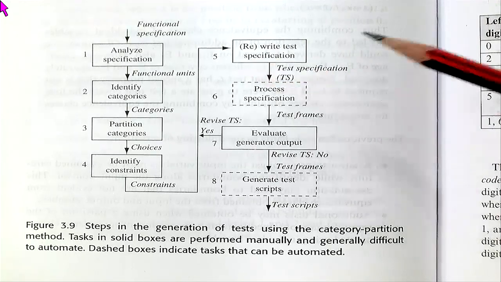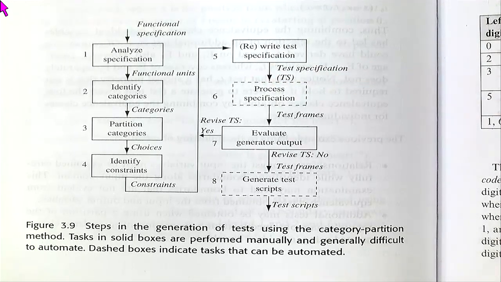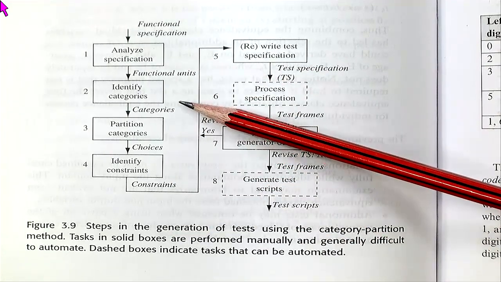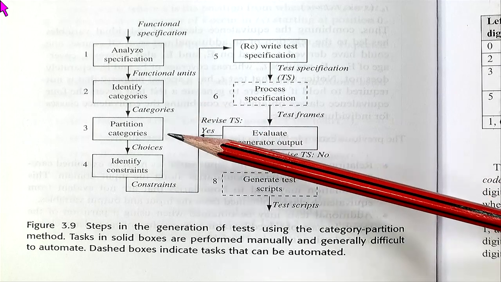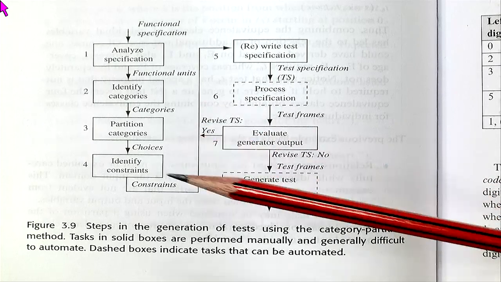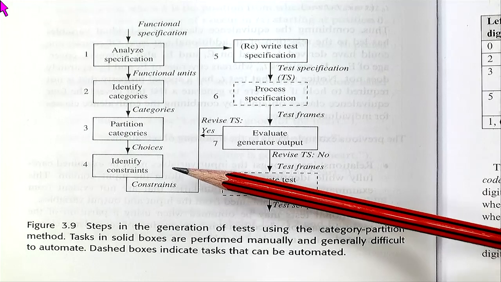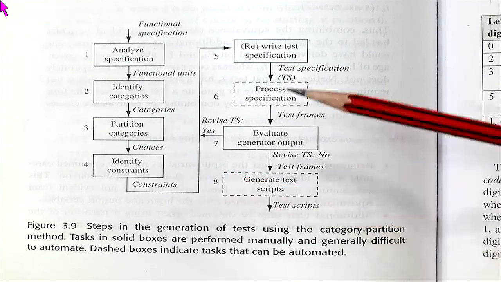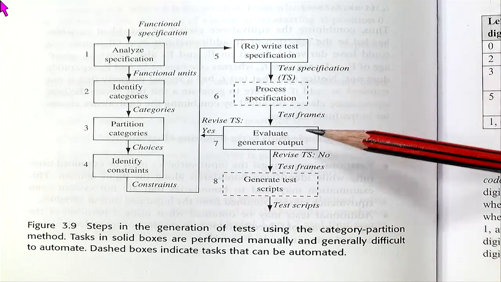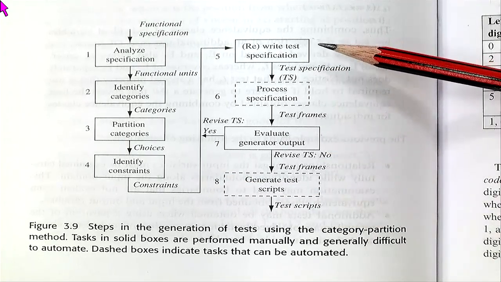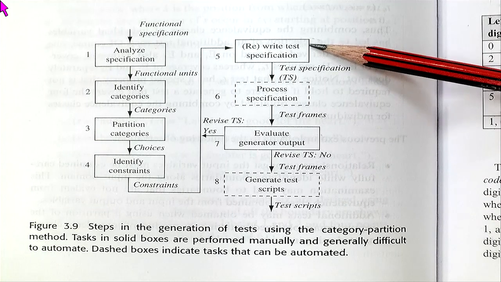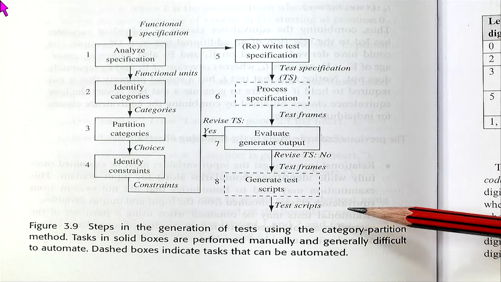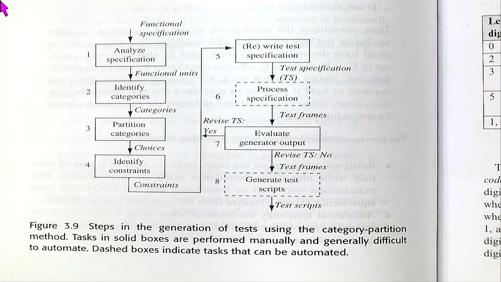Now the 8 steps that we are looking at, I'm going to read them quickly: we are looking at analyzing the specification, we do the identification of categories, we partition the categories, then we are looking at identification of constraints, and on the right hand side from 5, 6, 7 and 8 we actually get into the process of writing the test specification and then the test cases. We get to test cases, test scripts, test specification.